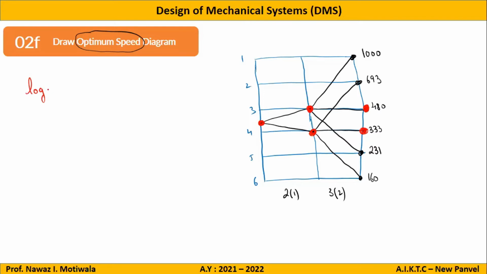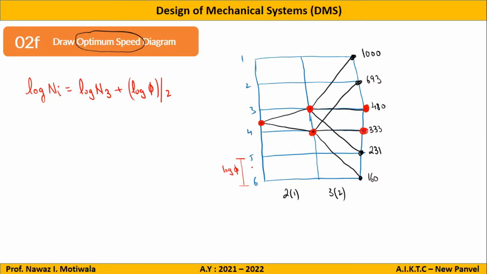The formula is log of Ni, that is the input speed, equal to log of N3 plus log of phi divided by 2. This gap, if you see, or the gaps which I have made, is nothing but log of phi.